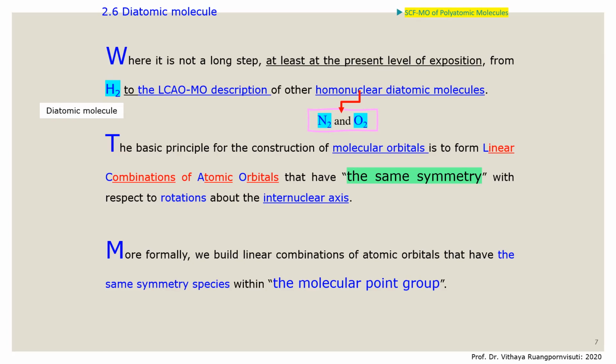From the hydrogen molecule to the LCAO-MO description of homonuclear diatomic molecules. The basic principle for the construction of the molecular orbitals is to form linear combinations of atomic orbitals that have the same symmetry with respect to rotations about the internuclear axis.